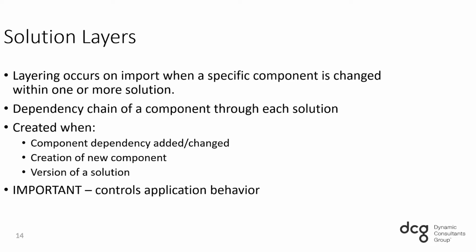So each component can be traced through each layer to see what it's been changed as. A layer is created when a component dependency is added or changed, or creation of a new component, or version of a solution. So that's how the layers get created. So if I'm putting in a new managed solution, it's going to create a new layer.